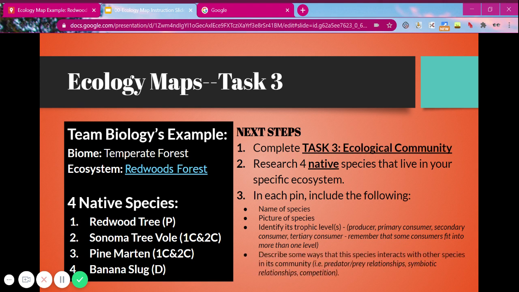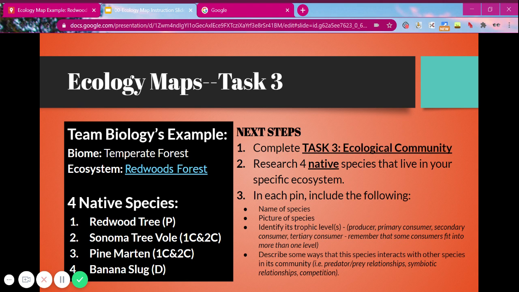And then in the text of your pin, you're going to describe some ways that this species interacts with other species in its community, whether it's a predator or prey relationship, maybe it has a symbiotic relationship such as mutualism, or it could be competition. Maybe this species competes with another species for the same kind of resource.